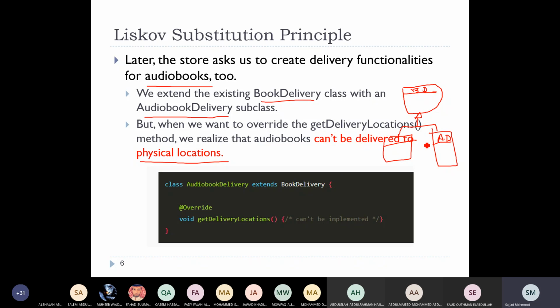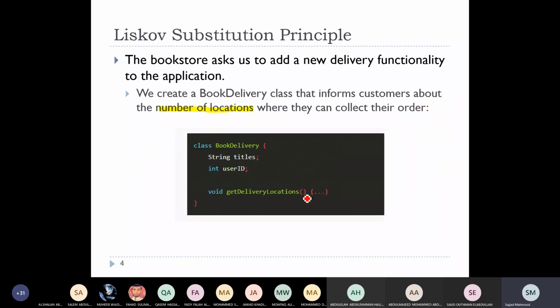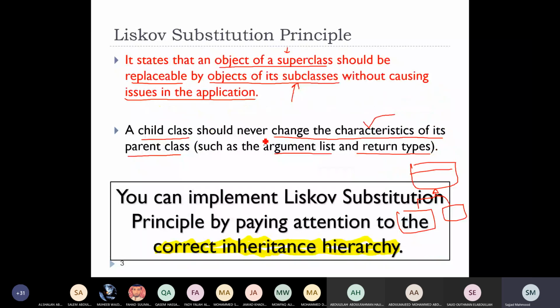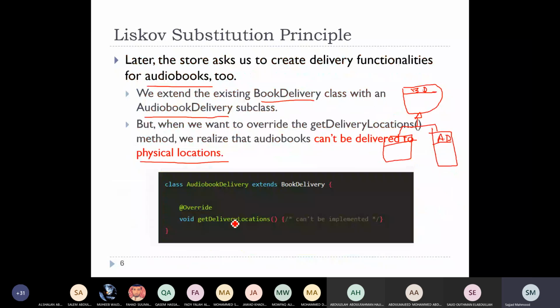But as I said, it will compile. It will have no implementation. It will still compile, but it is actually breaking the Liskov substitution principle because, as we said, a child class should never change the characteristics of the parent class. And this way, we are changing the characteristics of the parent class because the get delivery location has a specific meaning in the book delivery.